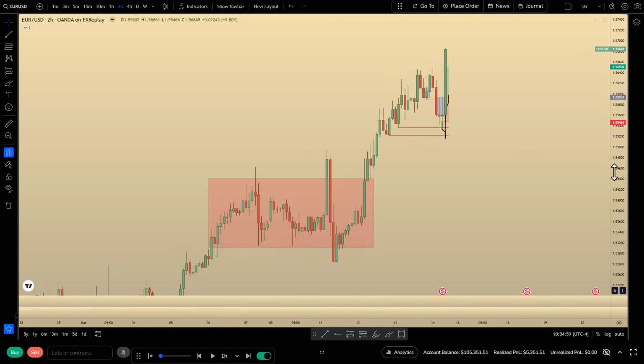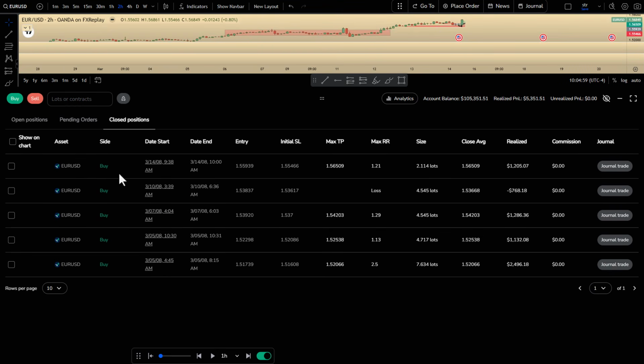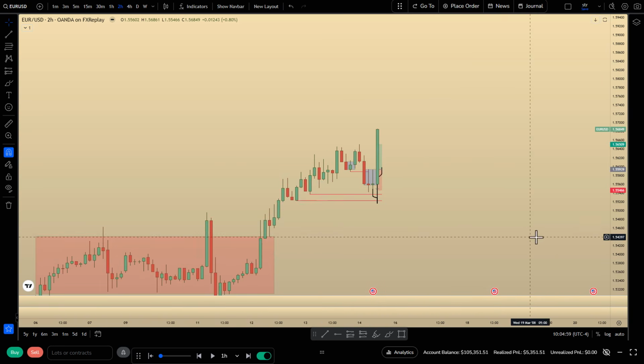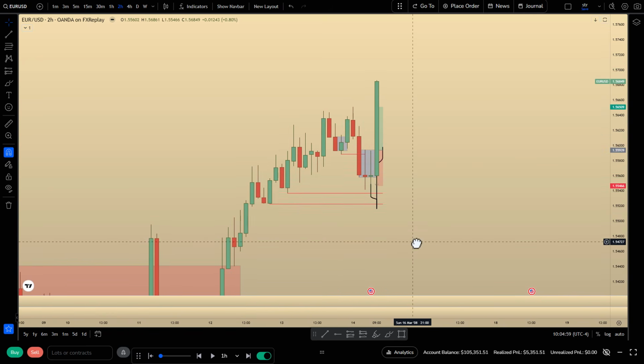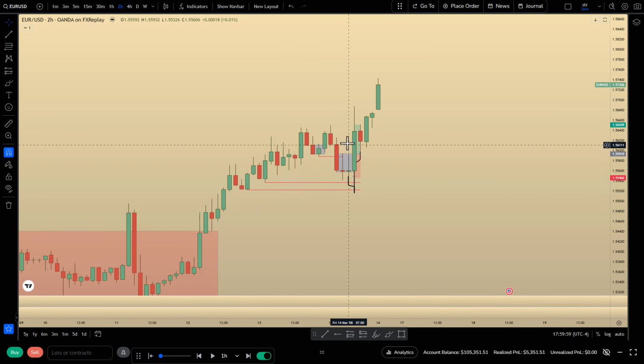So you can see that I took 4 trades or 5 trades. 5 longs, all of them contained an SMT, right? So just to show you how powerful it is, the crack of correlation between the DXY, GU and EU, right? That's a nice long. So I believe we should stop here.